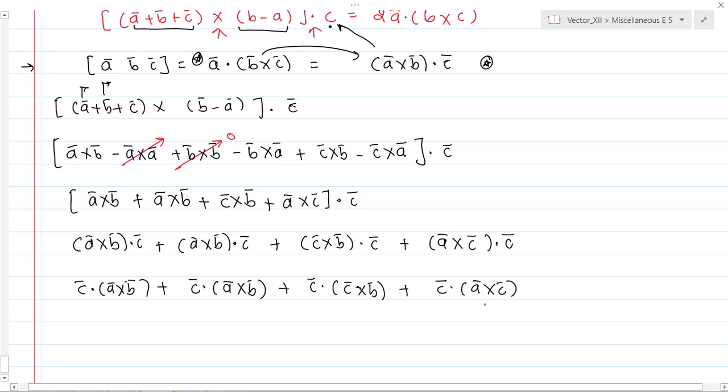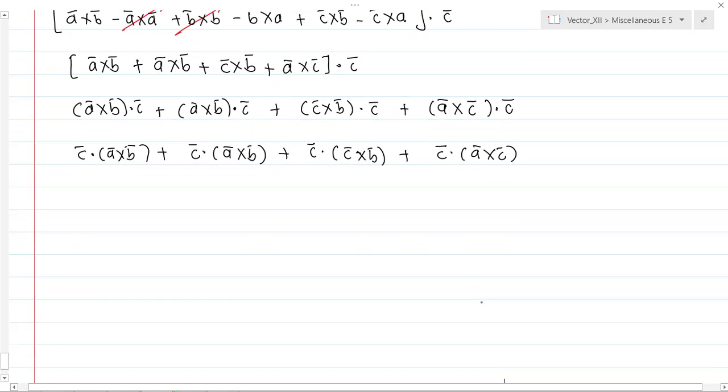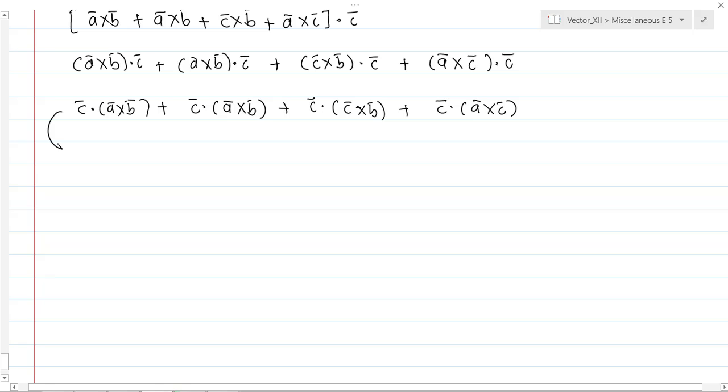So as the dot product is commutative, I can write easily. Now what is this? This is nothing but the box product of CAB plus box product of again CAB plus box product of CCB plus box product of CAC.